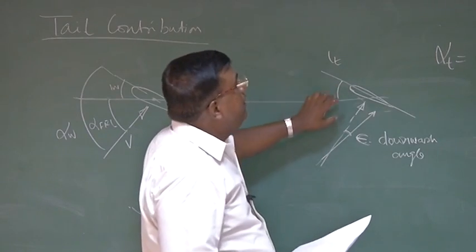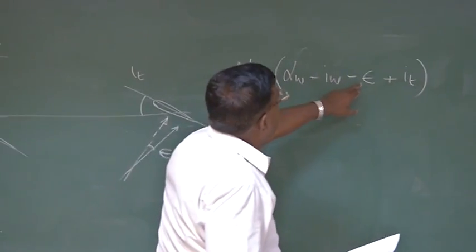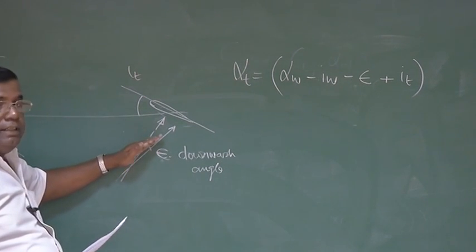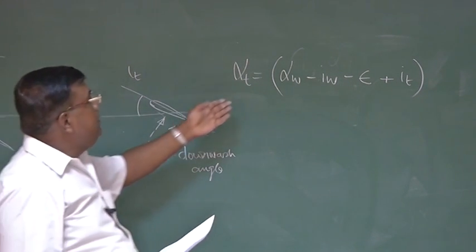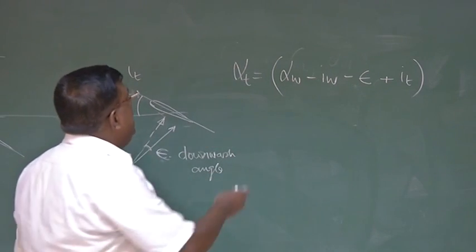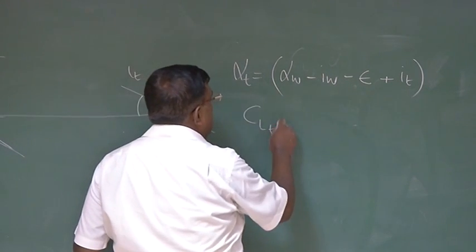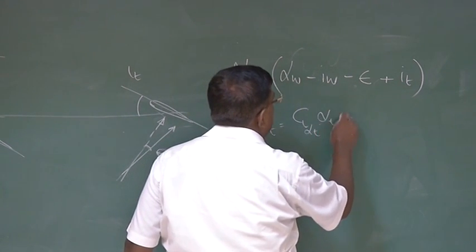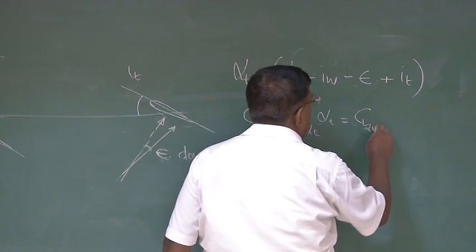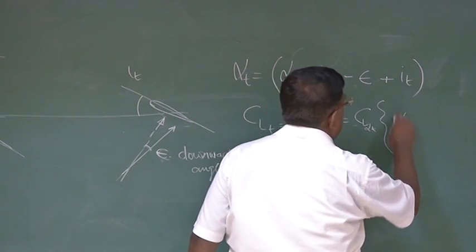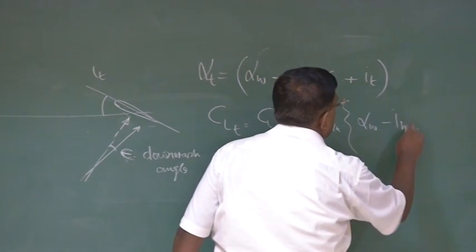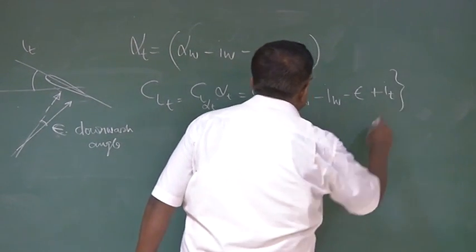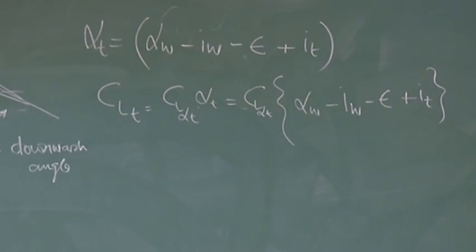But now alpha FRL is reduced because of epsilon, because the velocity vector has tilted like this because of downwash. So this is the alpha tail. What is CL tail then? CL tail will be CL alpha tail into alpha tail, that is CL alpha tail into alpha w minus iw minus epsilon plus it. So this should be kept in mind.